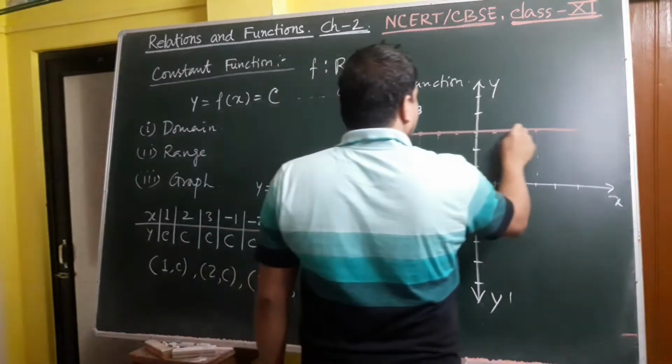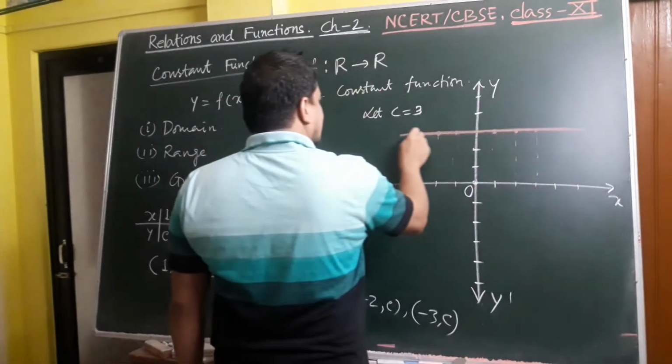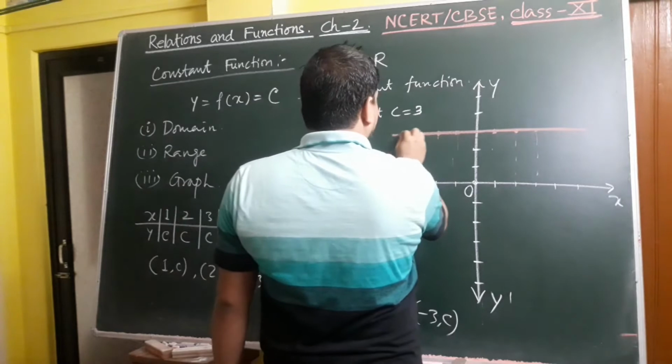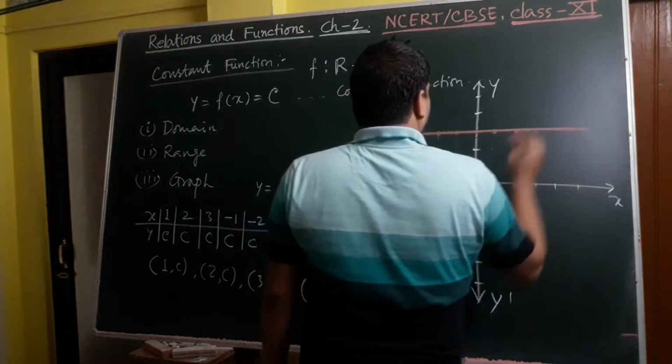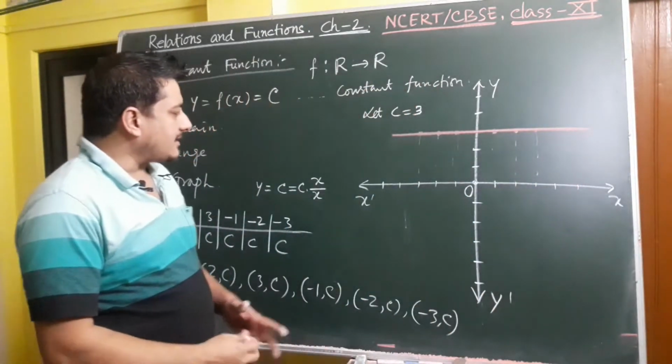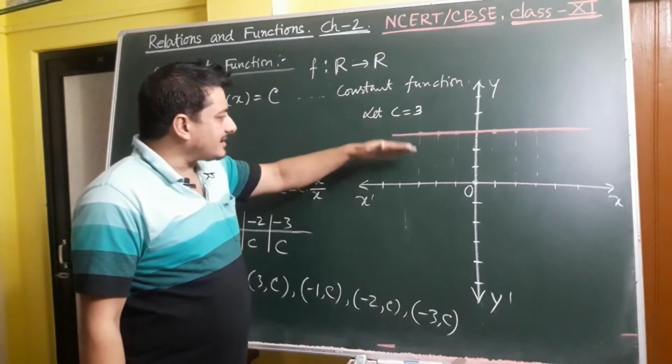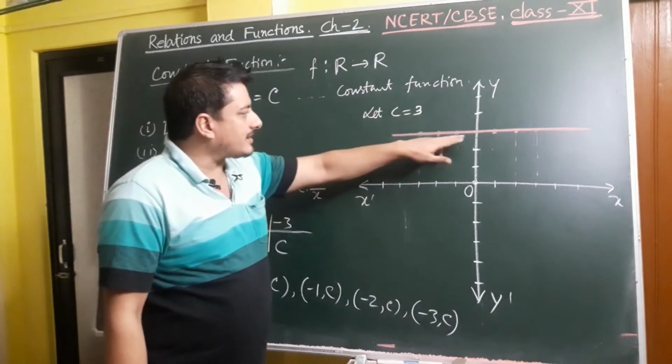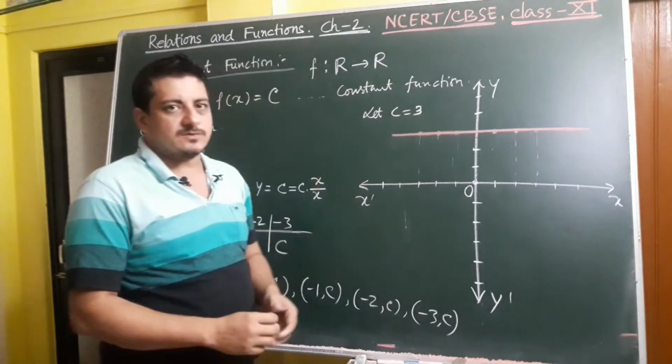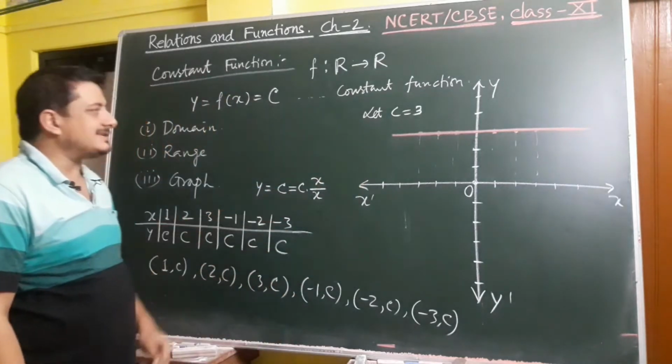You can see this is the graph. The graph is a horizontal line, a line parallel to the x-axis, and it will pass through y is equal to 3, because the value of c is 3.